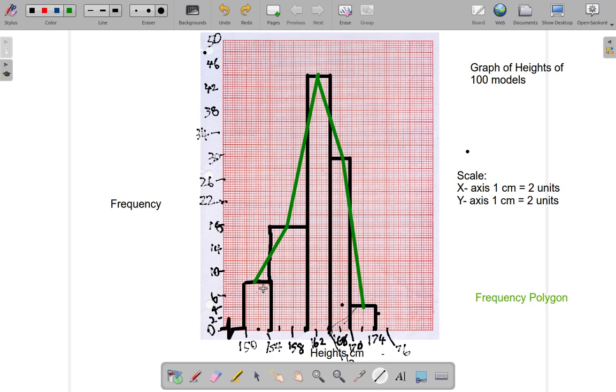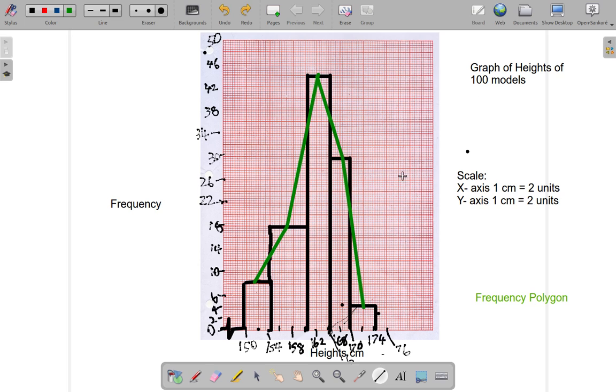Then you close the polygon. Imagine that you are going down to 0, and the width between this and where you end up at 0 is the same as this width, the widths of the areas where you drew the bars.